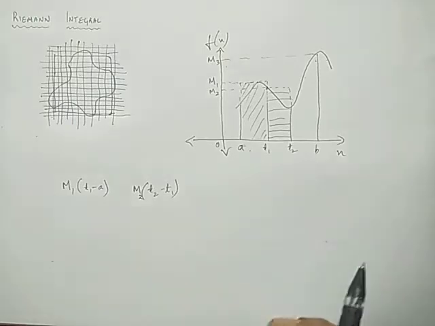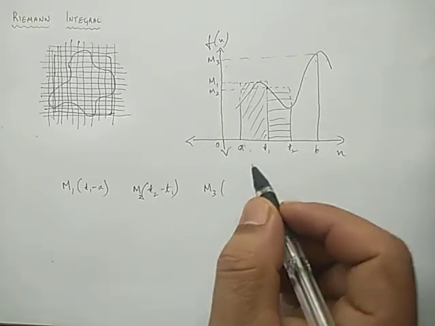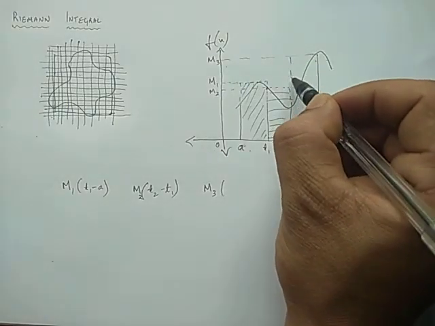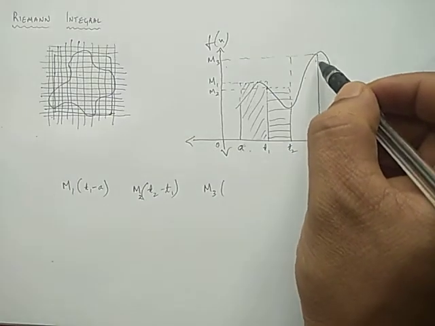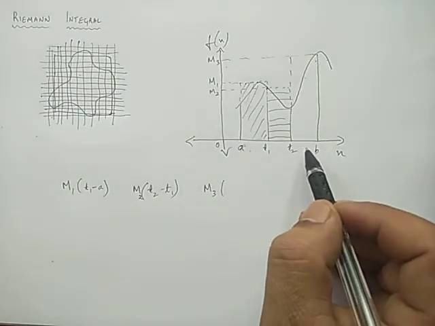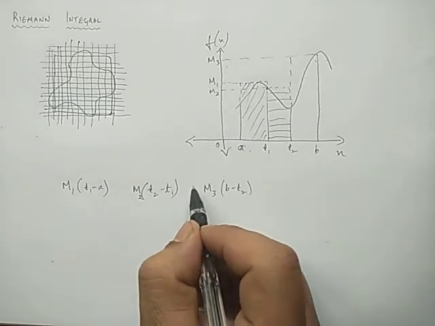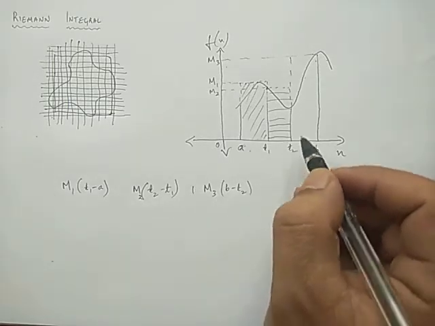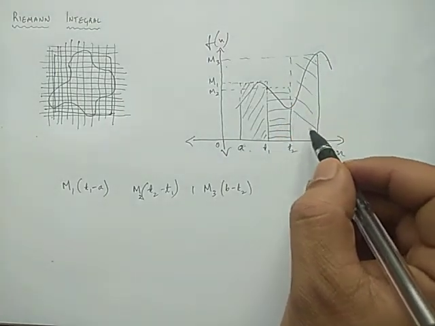Next, M3 is the length of this line, and M3 with B minus T2 will give me the area of this one.